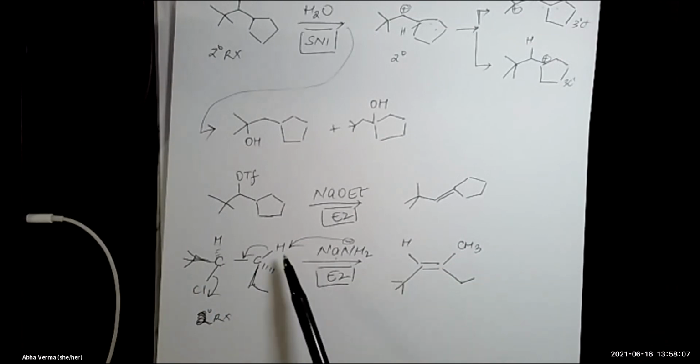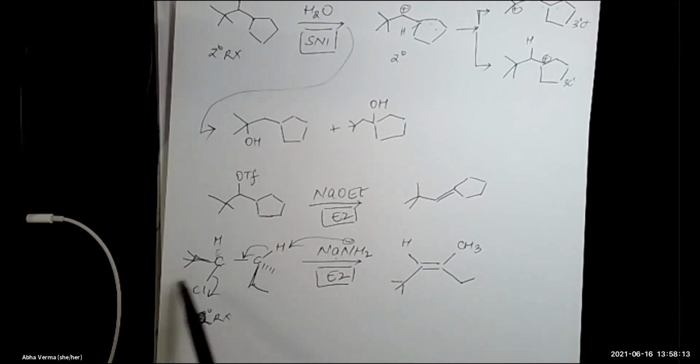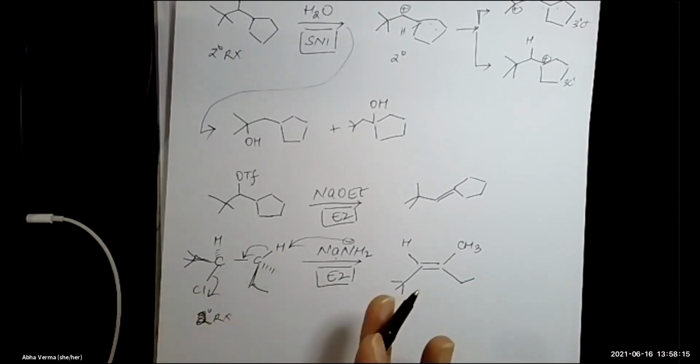So you have to be careful where you're abstracting your hydrogen from. So do you need a rotation here? You don't. You needed the rotation in the earlier part, but not in this part.